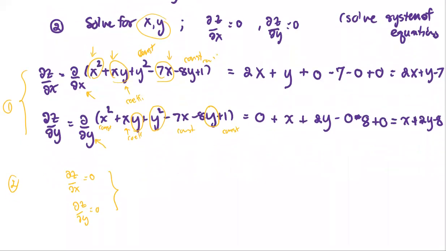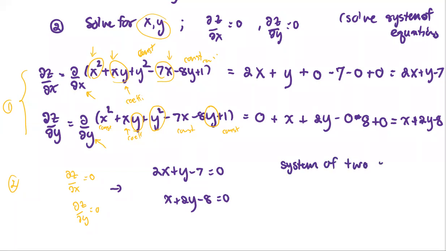So we get the first one as 2x plus y minus 7 equals 0, and the second one as x plus 2y minus 8 equals 0. This is called a system of two equations. Then we solve for x and y.